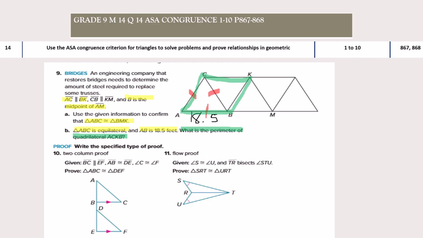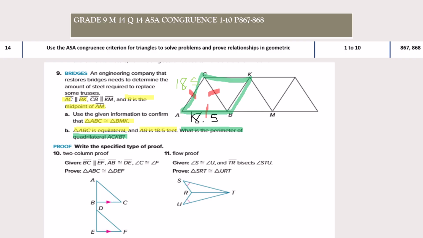So we know that if this AB is 18.5, then all the other sides will also be 18.5. You can either multiply it by 4, or you can add it 4 times, and you would be able to calculate the perimeter.